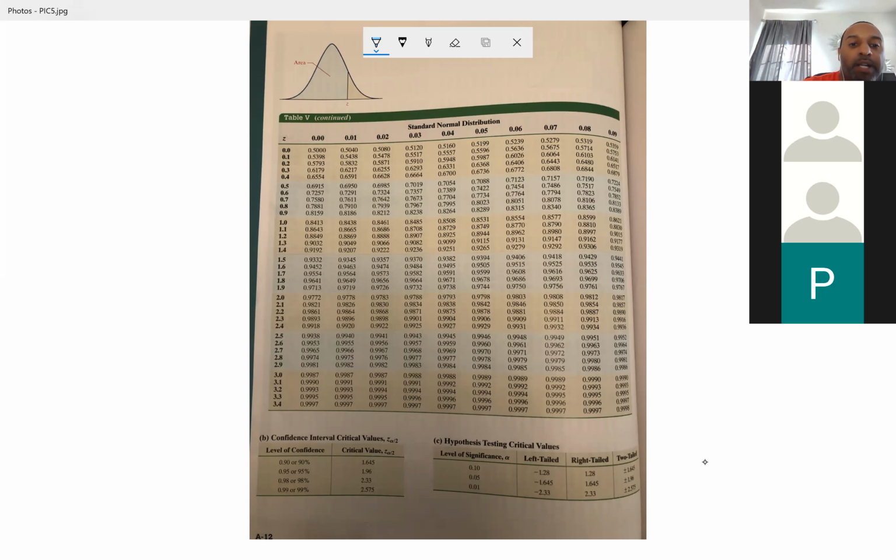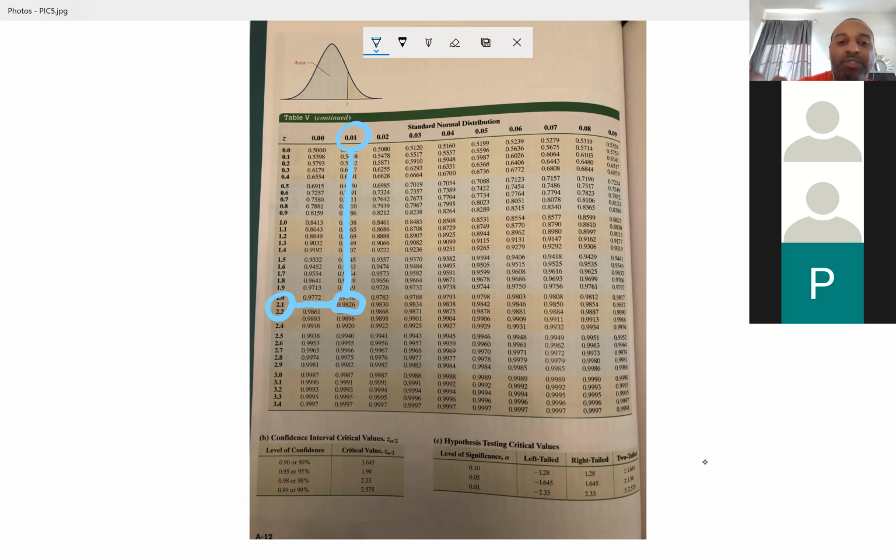So you go to positive 2.1, and then 0.01 up here, and there we go. That'll be 0.9826. Now I'm not saying that's the answer yet. We got to evaluate, but that's what you should be pulling from the chart. It worked for me that time for some reason.